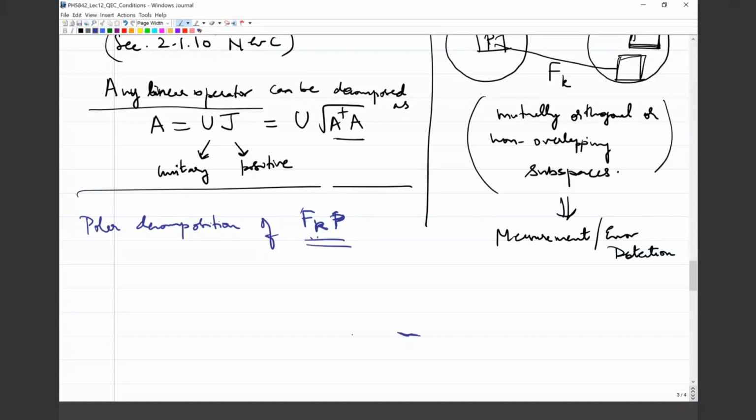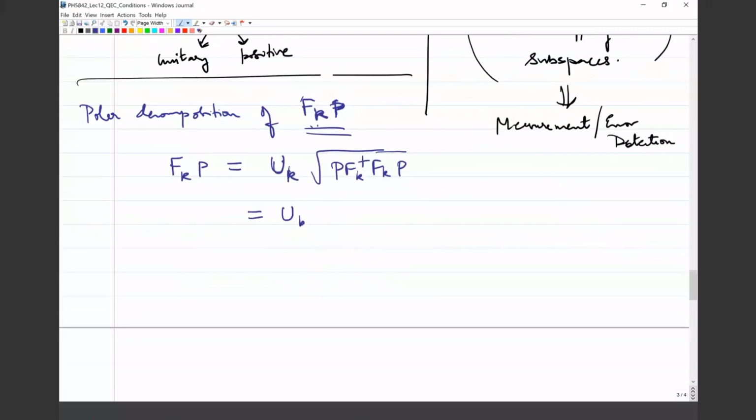The action of the error on the code space is like a unitary operator. So what does this mean? You do a polar decomposition of this. What does it say? It says that there is a unitary operator U_K, the K subscript for each error operator F_K, times the square root of P F_K dagger F_K P. And now you see where the error correction condition comes in. This is now nothing but the square root of these diagonal entries that you got by diagonalizing the alpha matrix, times P. And this comes from the diagonal form of the QEC condition.